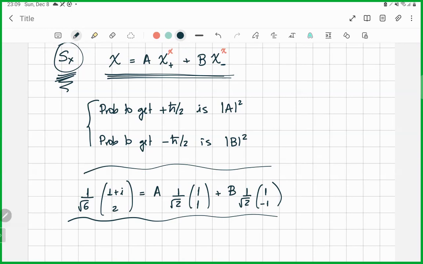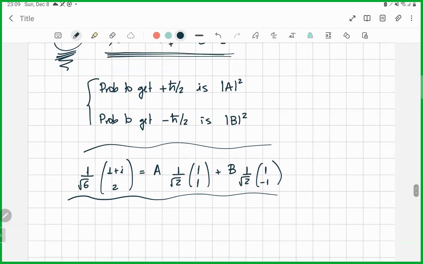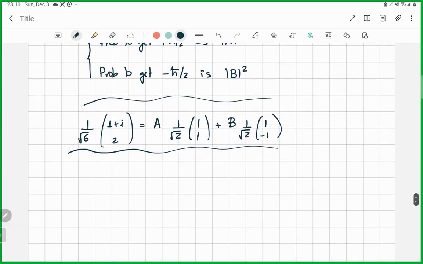There is another method which I find easy, but it's up to you. You do whatever you want. So let's start with method number 1. We'll have to solve this equation now. What are the two equations that we have? The first one involves the elements at the top: 1 plus i over square root of 6 is equal to A plus B over square root of 2.